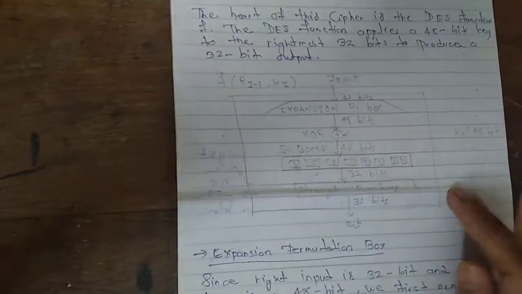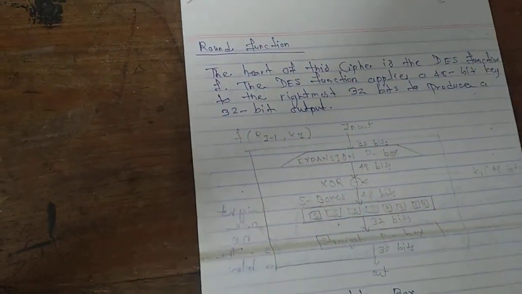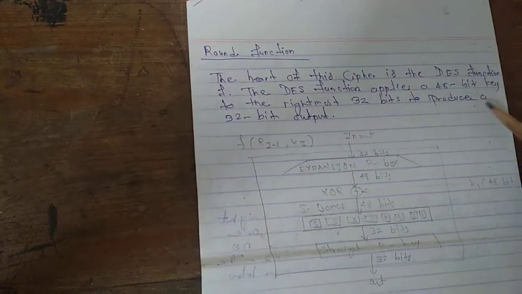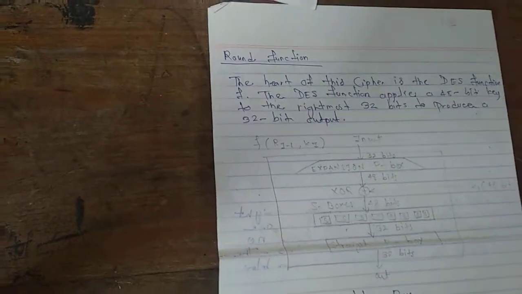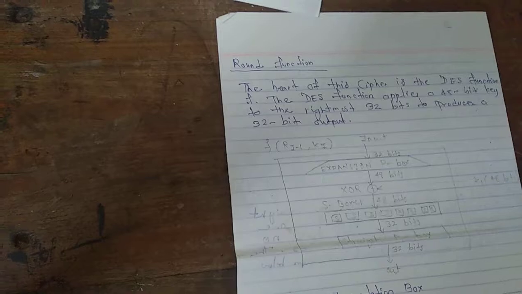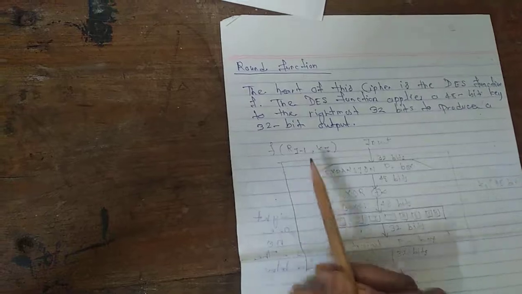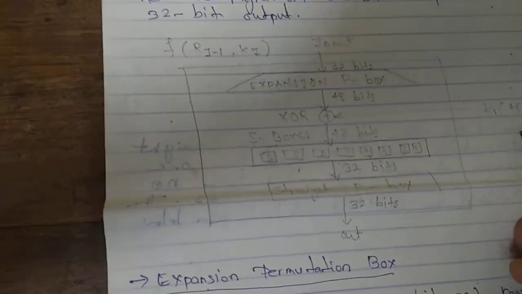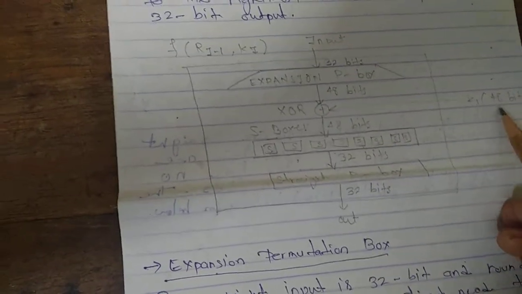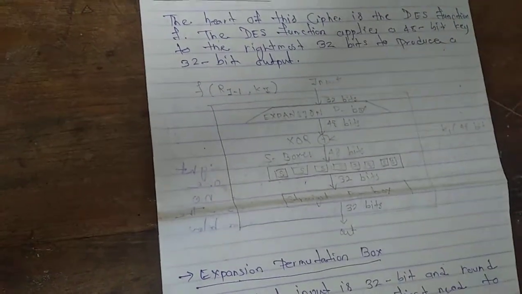So we take this RPT, the right-hand side, and the 48-bit key. Now you have noticed that this 32-bit is the plain text, but the key is 48-bit. So how can we perform XOR? We cannot, so we go for the expansion. This expansion is called the P box, the permutation box. So the 32-bit plain text on the right side will be converted into 48-bit. Now this 48-bit plain text will be XORed with the 48-bit key. XORing 48 bits gives a 48-bit output.